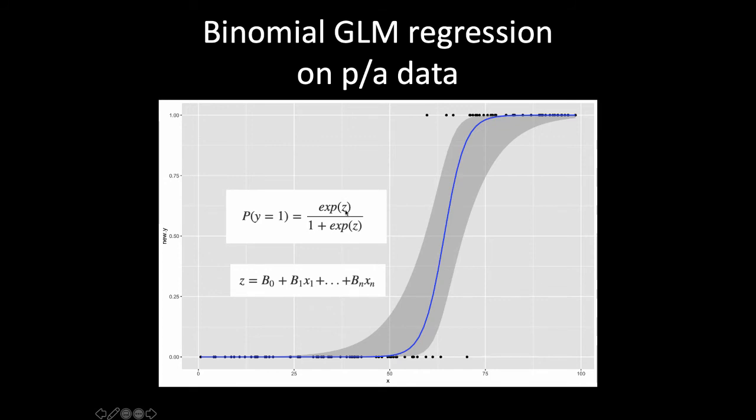So what we can actually do is we can say, okay, the probability y equals 1 is now this function, and this function is a function of this thing called z, but z is itself a linear model, right? So this is now like a multiple regression.